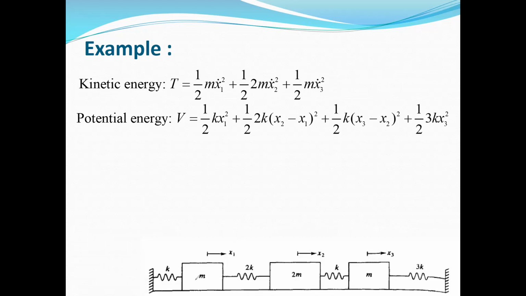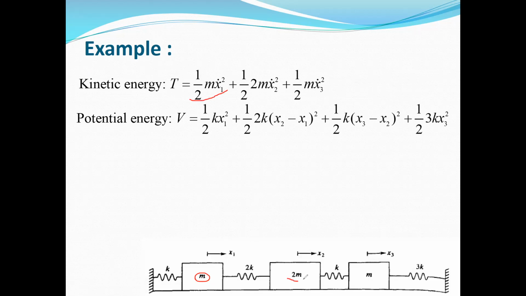As you know, because we have three masses, the kinetic energy will include three terms. The first term is due to the mass m, which is equal to half times the mass times its velocity squared. The velocity of mass m is x1 dot, so this term is for mass m.